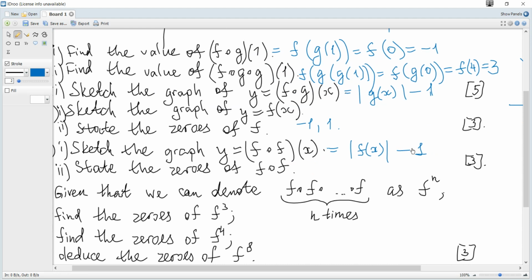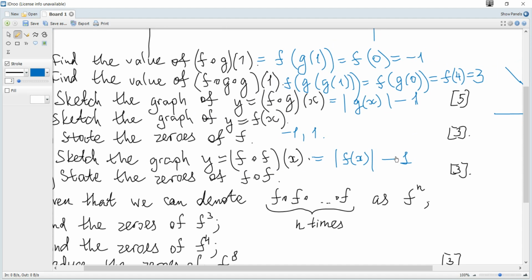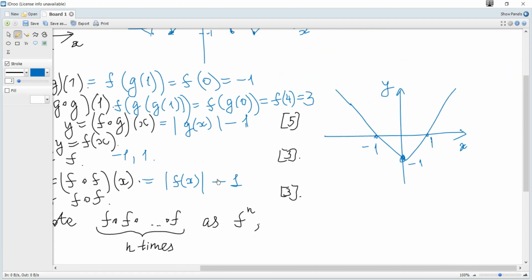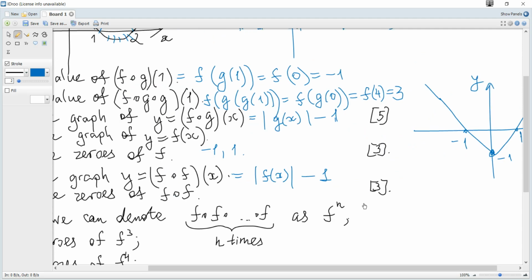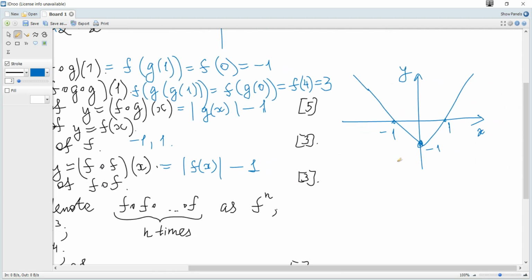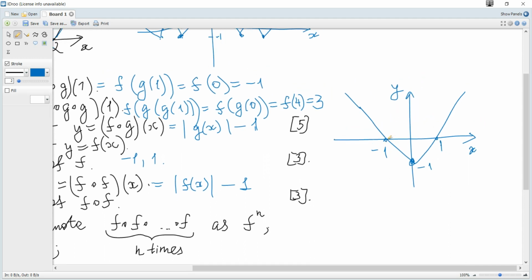So to plot the graph of f of f, we substitute f for x into f again, and it looks like the absolute value of f, and it's again the absolute value of a drawn graph function.